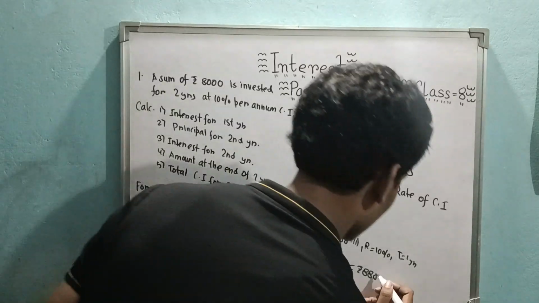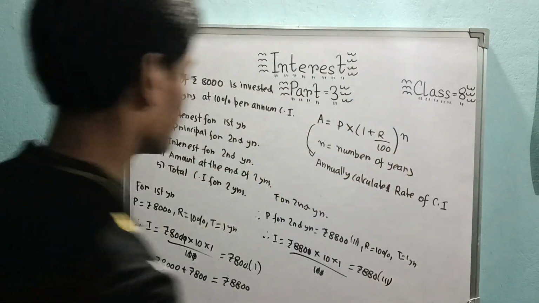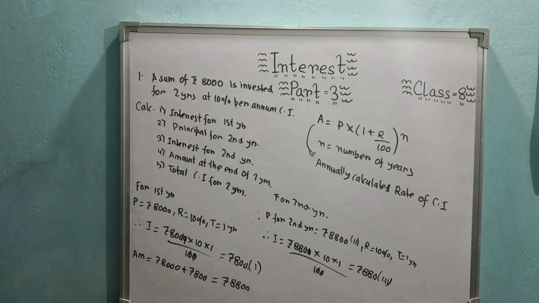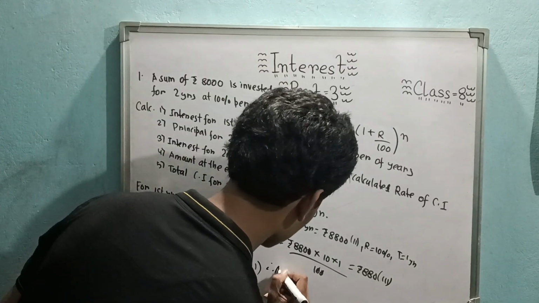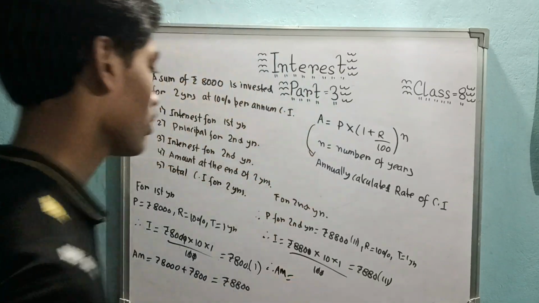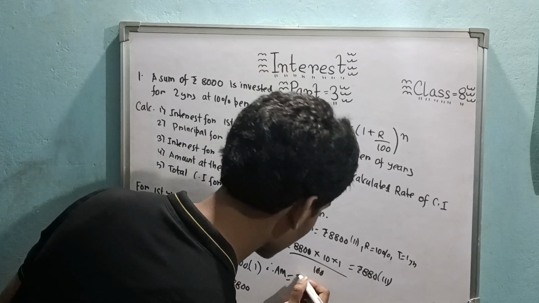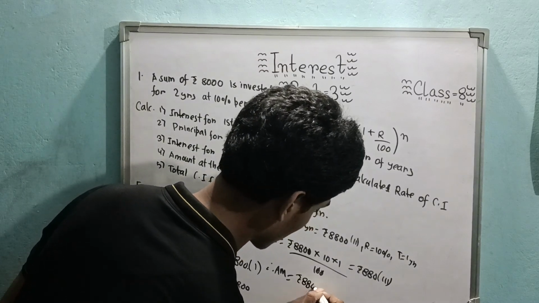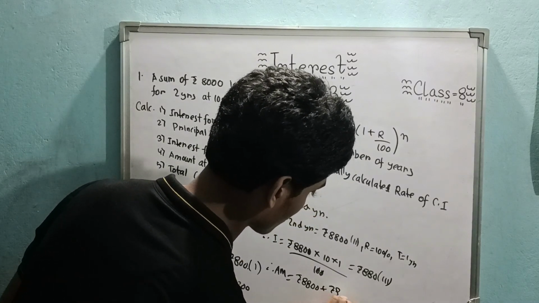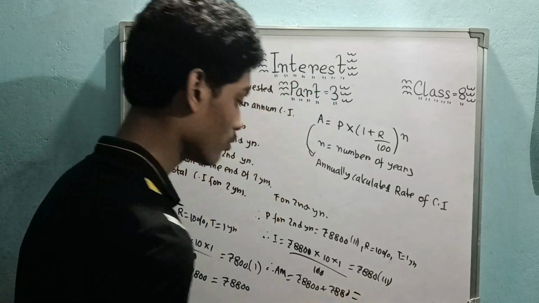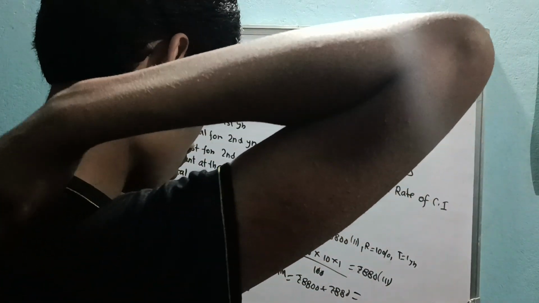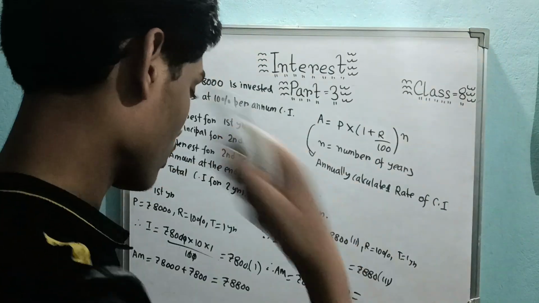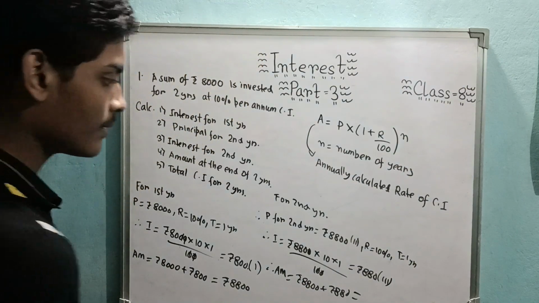Third part, interest at the end of second year. Now again, therefore amount, so principal plus interest, 8,800 plus 880 rupees. What is this? 9,680.